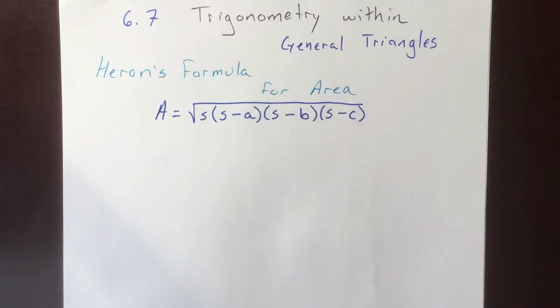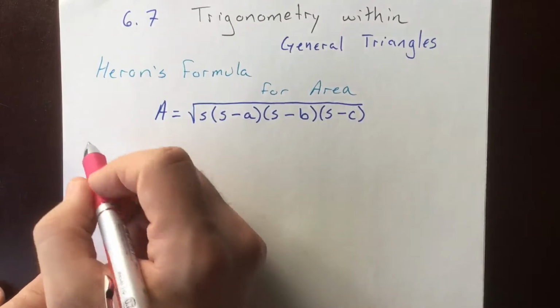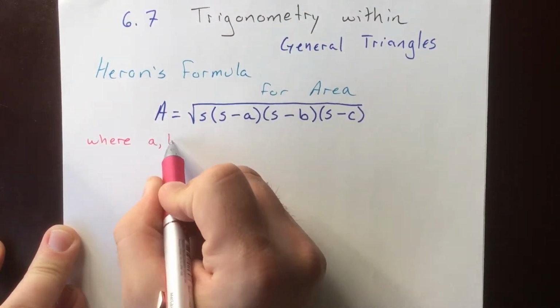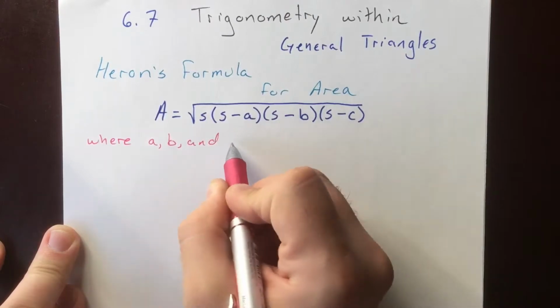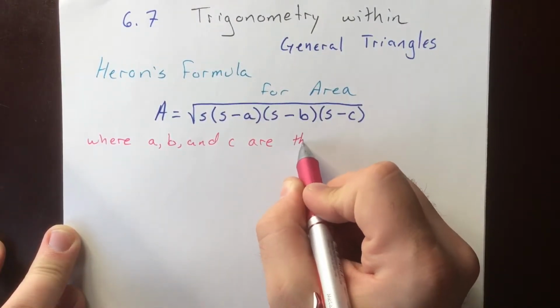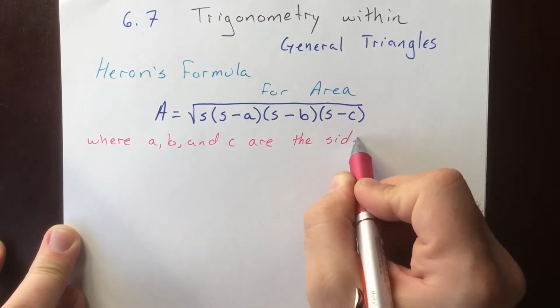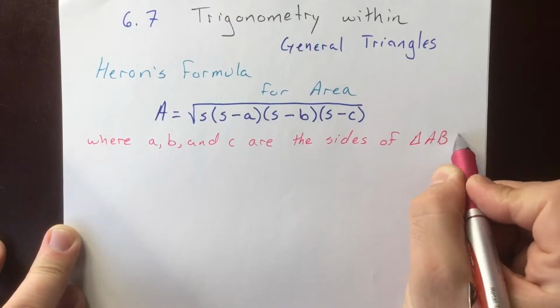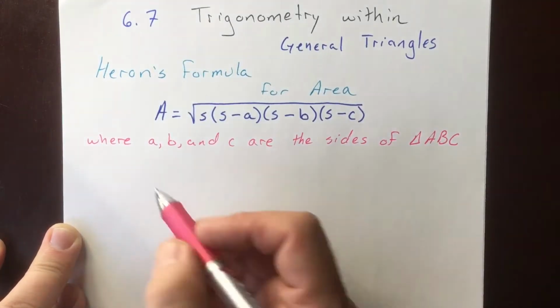Now, in this, a couple of things to talk about, obviously, is A, B, and C. They are all sides of triangle ABC. So they are the side lengths of your triangle.